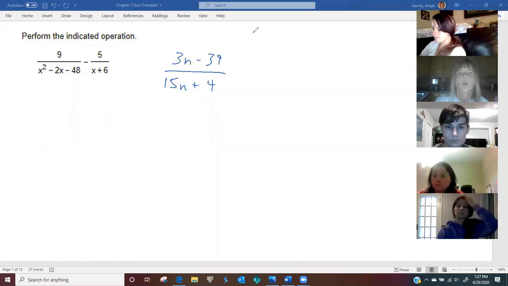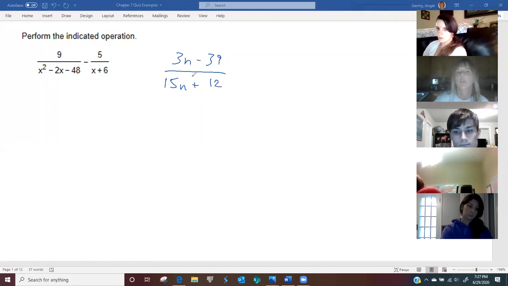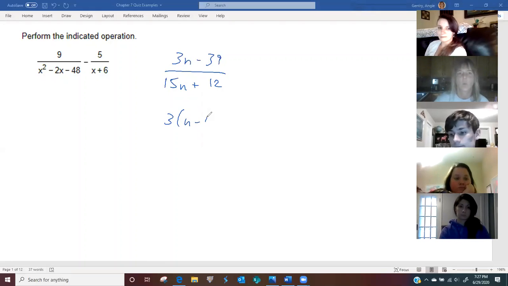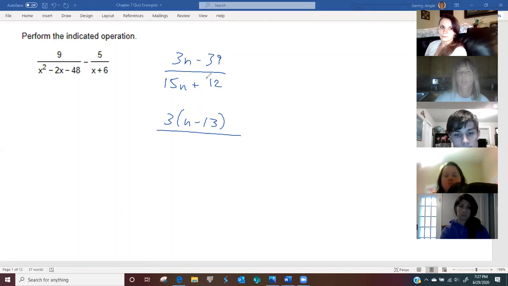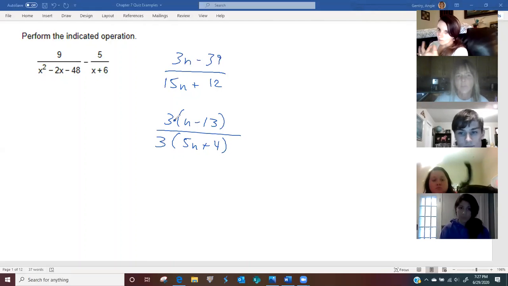I was just making an example and they don't always turn out well. So let's say you had something like this, you know, like once you put stuff together and then you're going to say, oh, I'm going to factor this. So the numerator, you pull the 3, the denominator, they both have a 3, and then you have a 5n plus 4, for example. Do you see how this is now multiplication?